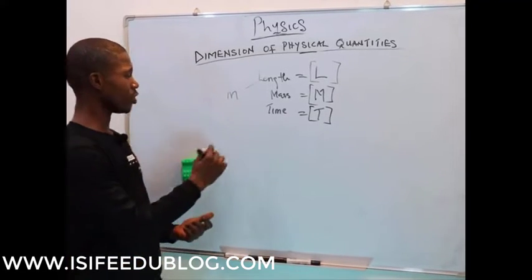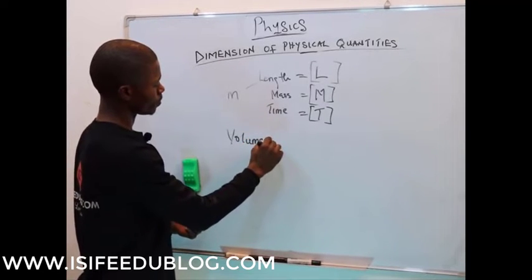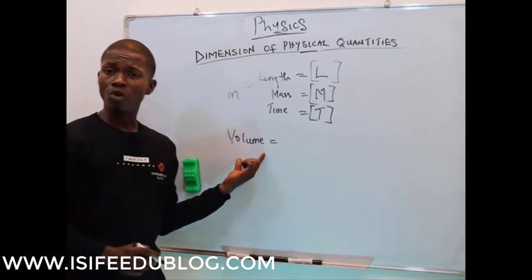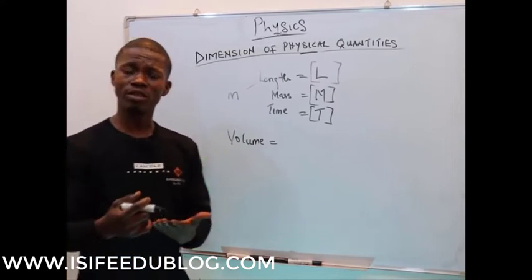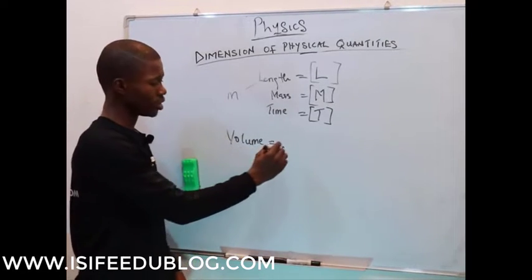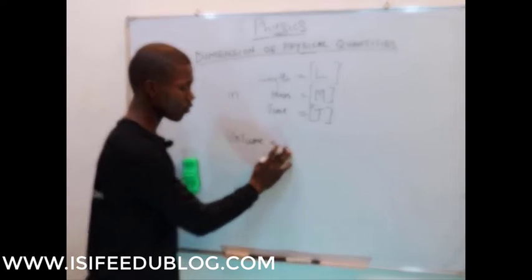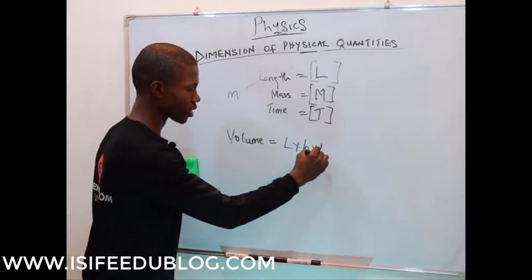Let's start with volume. The dimension of volume is being obtained. Volume is a derived unit. The formula for volume is length times breadth times height.